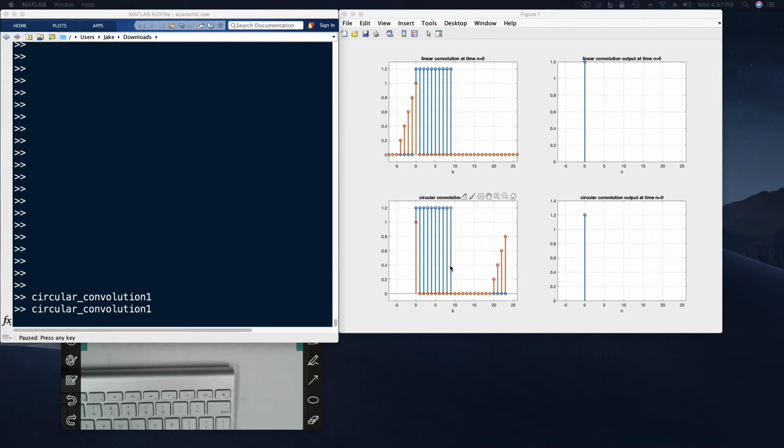On the lower plot, we see a similar sort of thing happening. We see the circular time reversal of the impulse response and then the input signal. Notice that in this case, the circular time reversal of the impulse response looks okay, because the negative samples of the impulse response from the linear time reversal get wrapped around and they don't overlap the input signal.